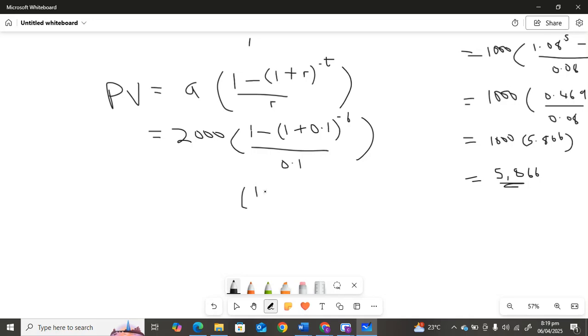We have 1 minus 0.564, that is 0.436, divided by 0.1 here, multiplied by 2,000 here.